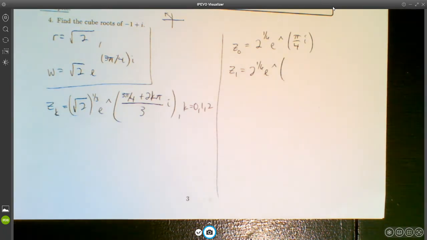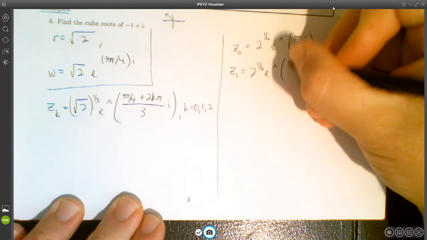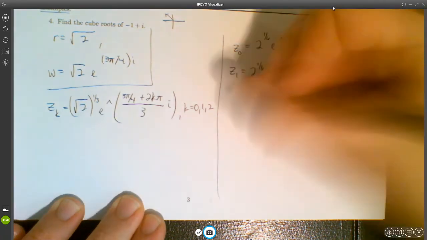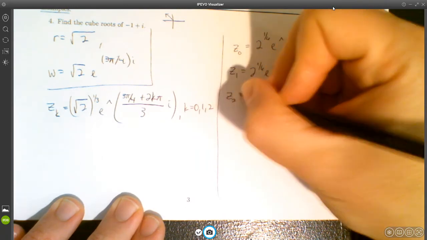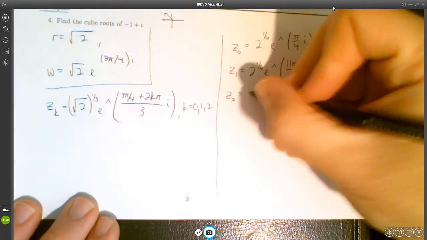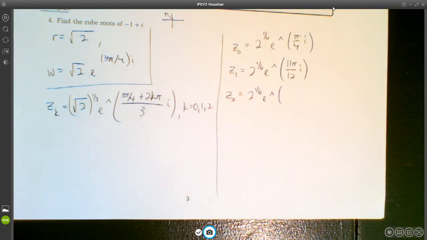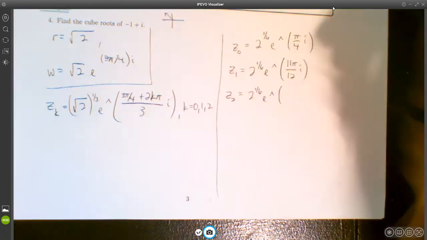That's 11 pi over 12, right? e to the 11 pi over 12 times I. And then when k is 2, I get 2 to the 1/6 times e to the power of 3 pi over 4 plus 4 pi, which is 19 pi over 4, divided by 3, which is 19 pi over 12.